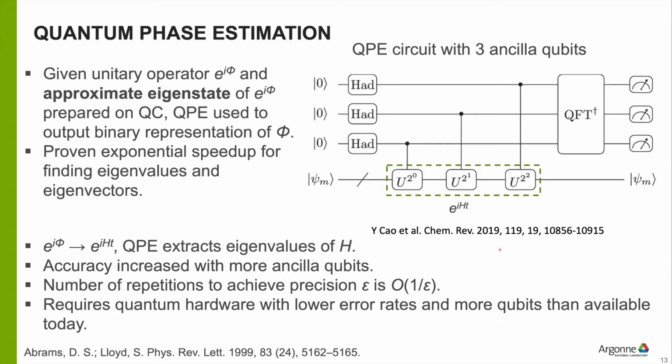And if you have a unitary operator and you can prepare an approximate eigenstate of the system, for example, for quantum chemistry, it can be a Hartree-Fock solution, which is relatively easy to do on a classical computer, then you can use quantum phase estimation to find its eigenvalues and eigenvectors. And it has been shown over 20 years ago that this algorithm gives you exponential speed up for this problem.